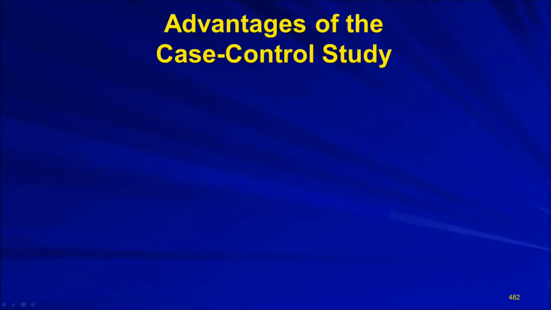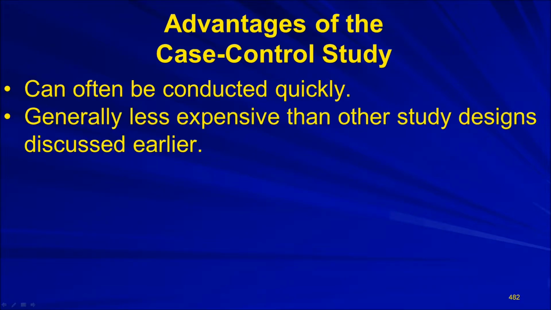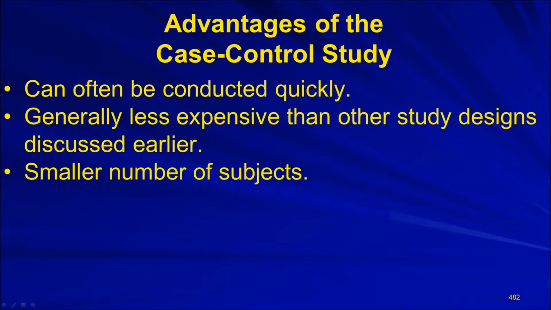Now, advantage of a case control study. And this is why they're done, and you frequently see them reported in the research literature. They often can be quickly conducted. They generally don't cost much in comparison to other study designs. You can have small numbers of subjects. You don't need millions of subjects in order to do this.